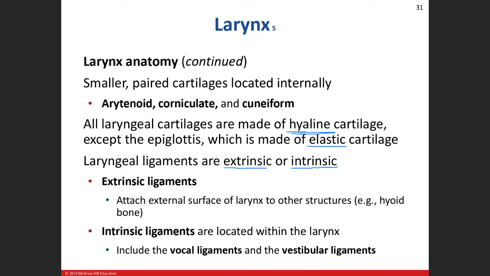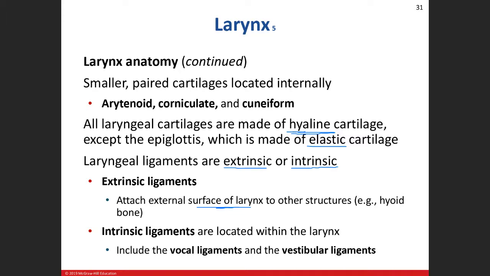The extrinsic we'll see on the surface of the larynx, and it's going to attach mainly to the hyoid bone, which sits superior to the thyroid gland. Now remember, the hyoid bone does not make any bony articulations with other bones in the body, so it's a site for ligamentous and muscular attachment.